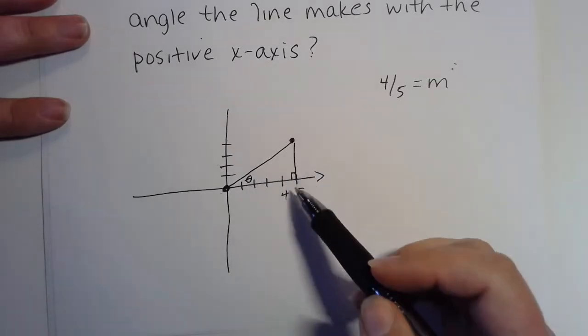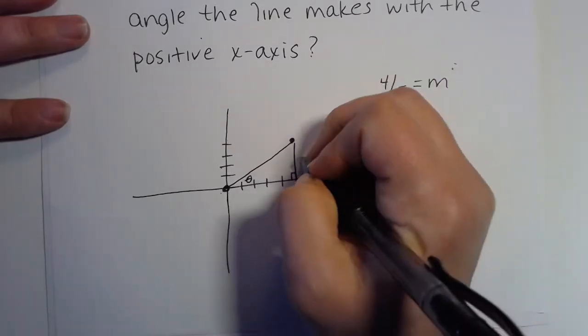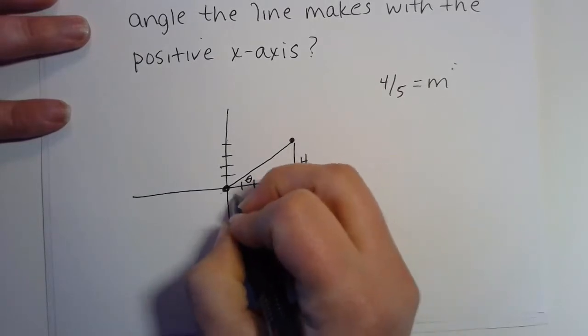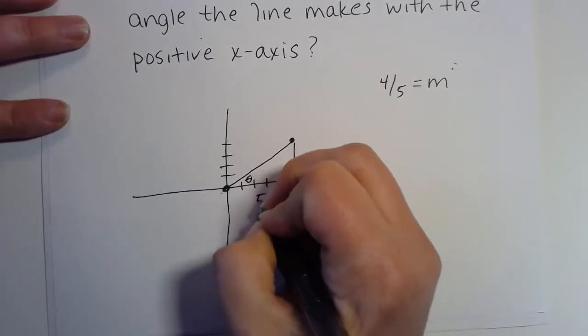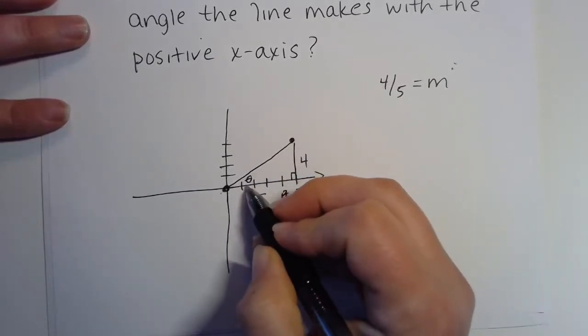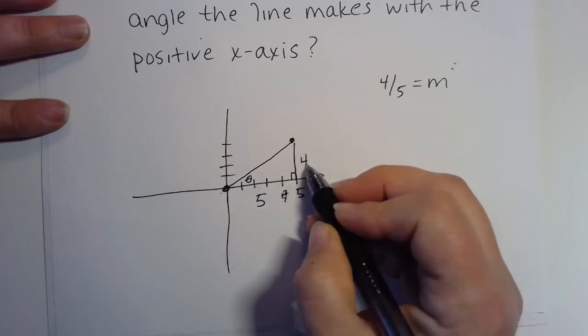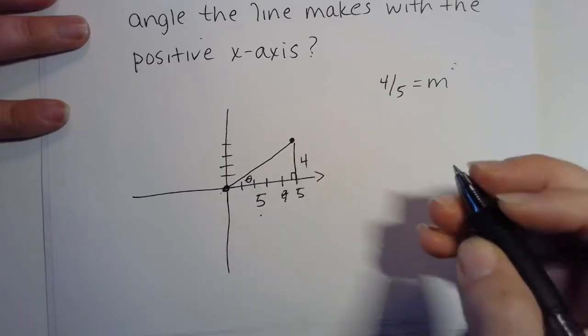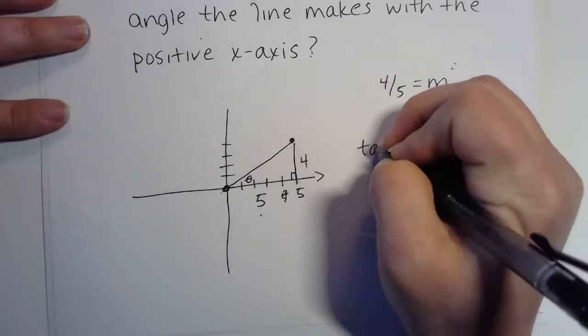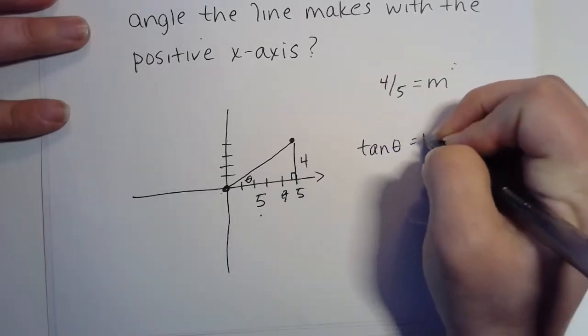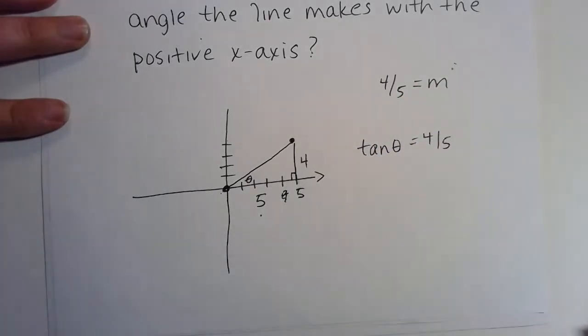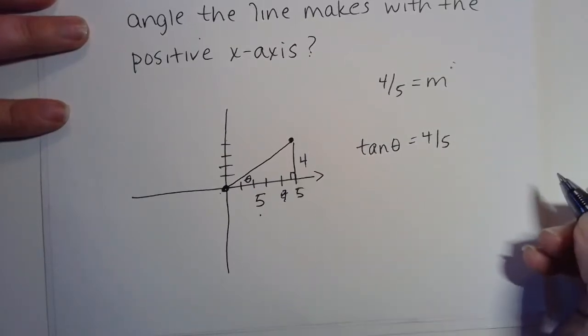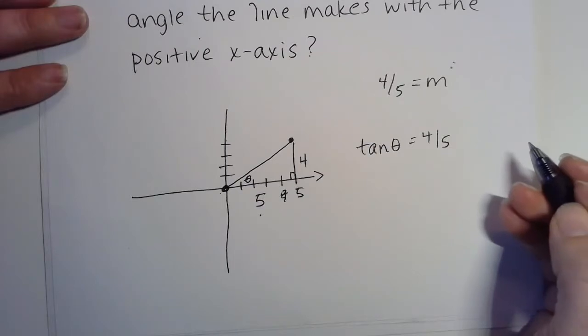Now I know that this height is 4, and this horizontal distance here is 5. So according to my theta, this is the opposite side and the adjacent side. Hopefully I can get it right the first time this time. The tangent of theta is 4/5. Okay, so now I still need to find theta, so this is where my arctan comes in.